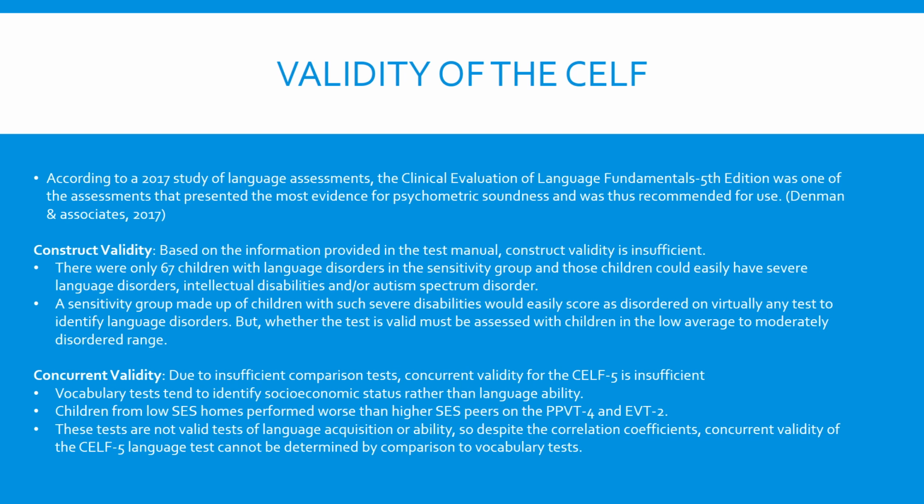So whether the test is valid, it has to be assessed with children in the low, average to moderately disordered range, and we can't rely on the sensitivity and specificity information provided by this data.